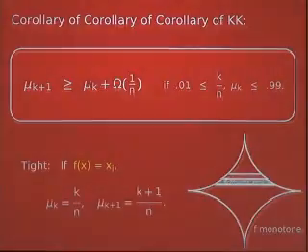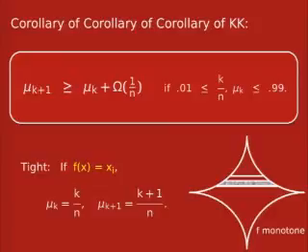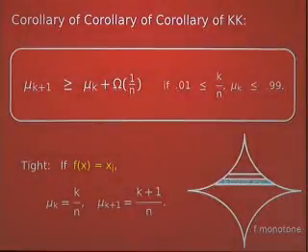And this corollary of a corollary of a corollary is tight. Kruskal-Katona is exactly tight. It gives the exact best answer, but we haven't lost anything yet here. And it's very easy to see. f of x could be this very simple monotone function, x_i. What's the density of the x_i function at level k?